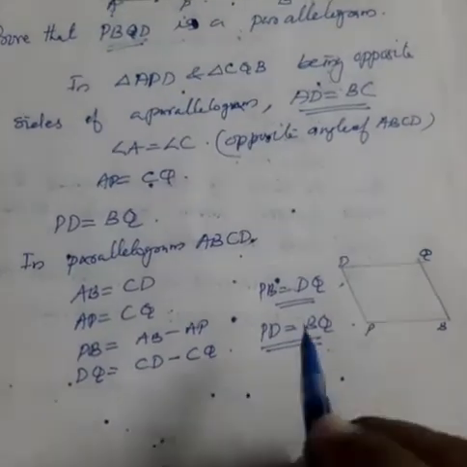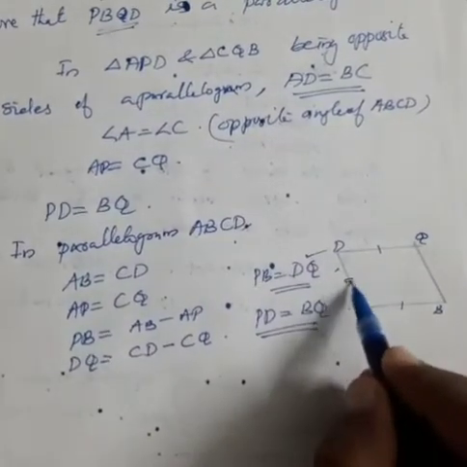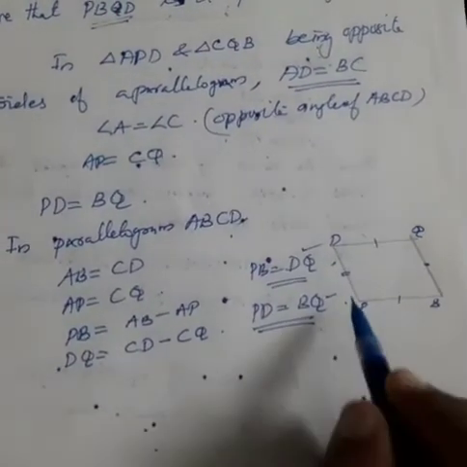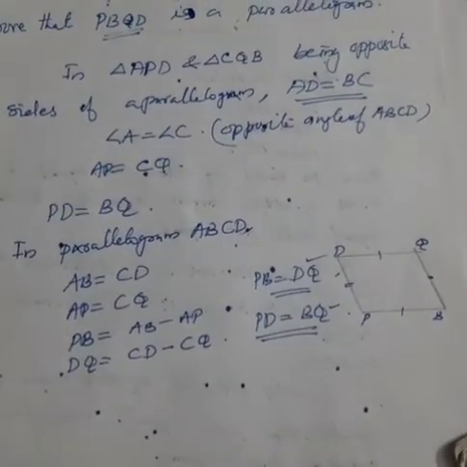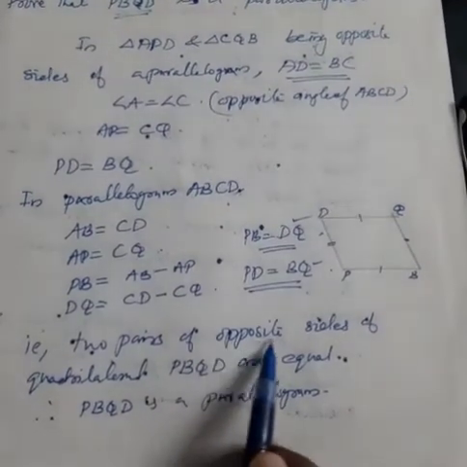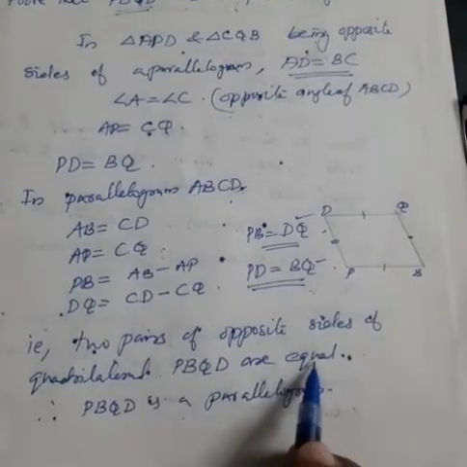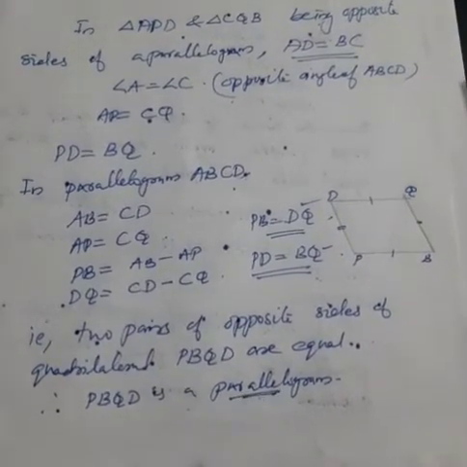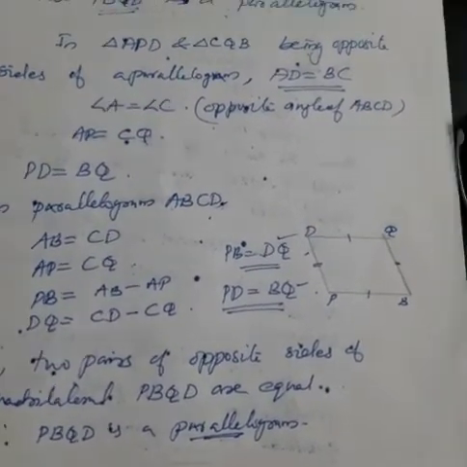See here, PB and DQ are equal and PD and QB are also equal. So I can write this is a parallelogram. So you can write like this, two pairs of opposite sides of quadrilateral PBQD are equal. This is a parallelogram. This is the way I have to prove it.